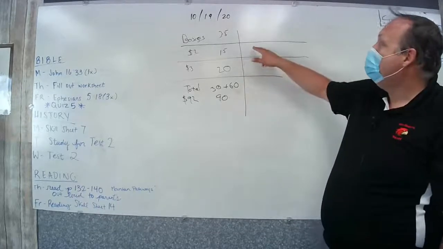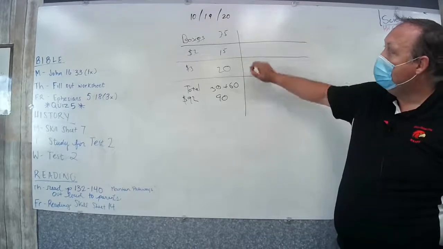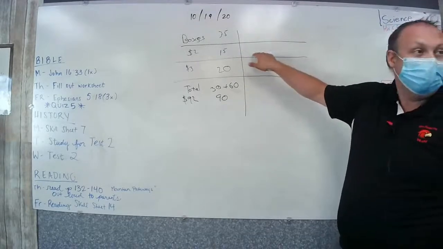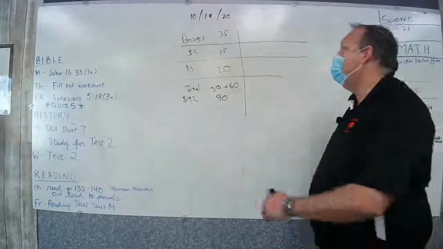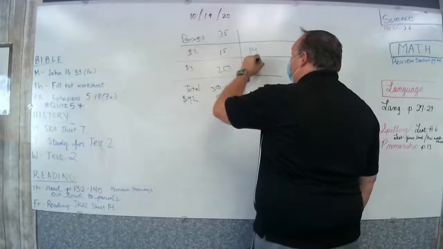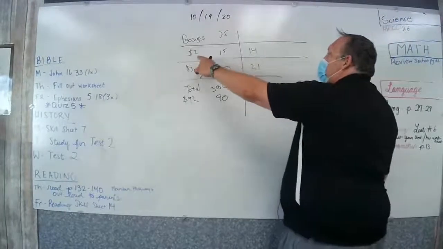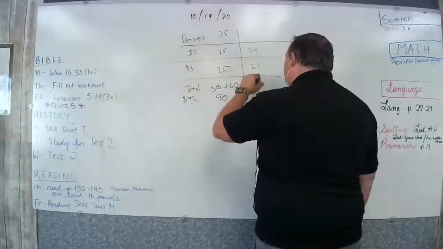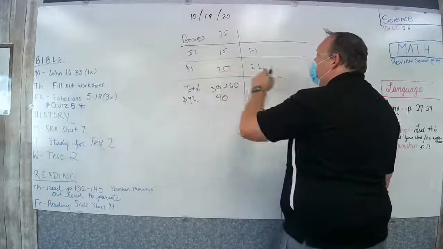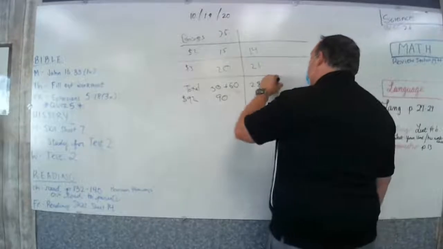So, if we sold 15 boxes up here, what do we want this number to be? Let's do a 14. Making this number into a 21, right? Okay, so 2 times 14 is going to be 28. 3 times 21 is going to be 63, right?